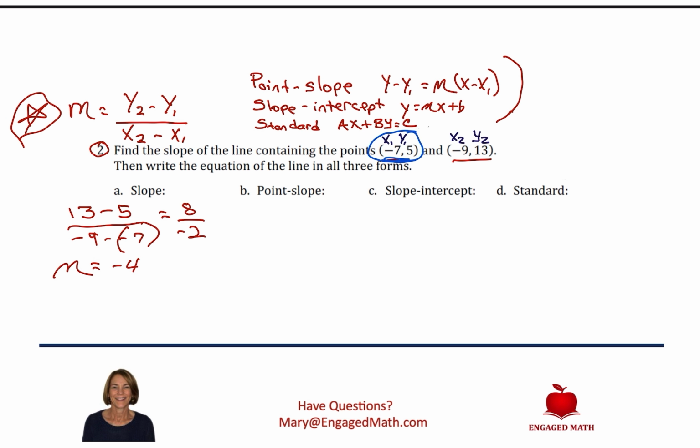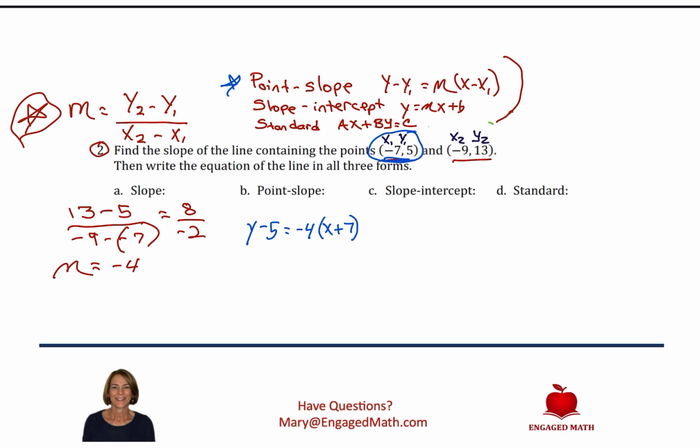So using the point slope at the top, right here, we're going to have y minus 5 equals negative 4, which we know is our slope, and then we have x plus 7. Again, it was minus a negative 7, so it became a plus 7.